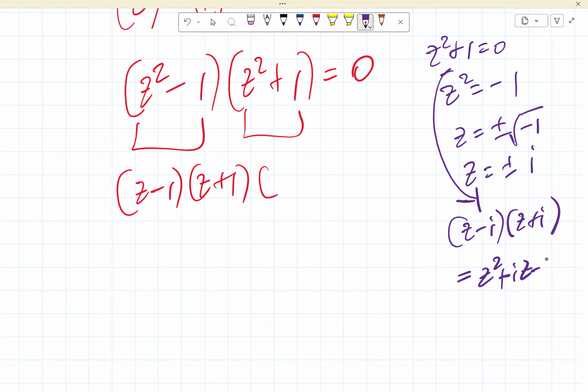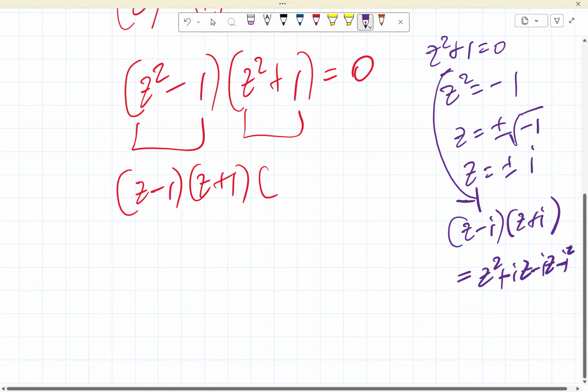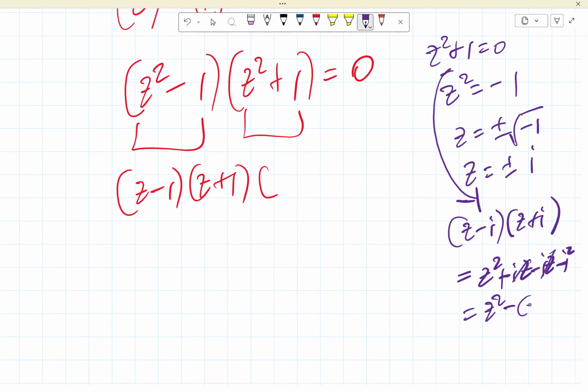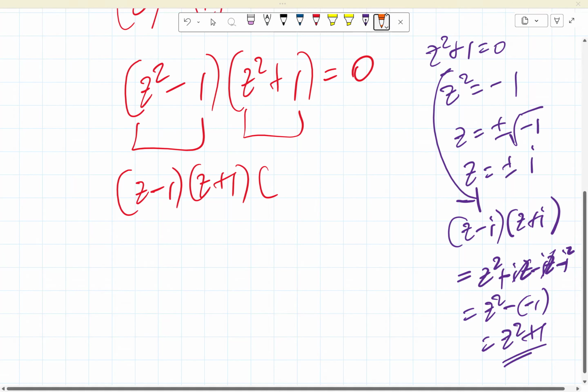Minus I times z, that's minus iz. Then minus I times plus I, that is minus I squared. So you have z squared, this cancels out, then minus I squared, and I squared is minus 1, so you have z squared plus 1 like this. So that means this is actually true, that z squared plus 1 is the same thing as z minus I into z plus I. All of that is equal to 0.